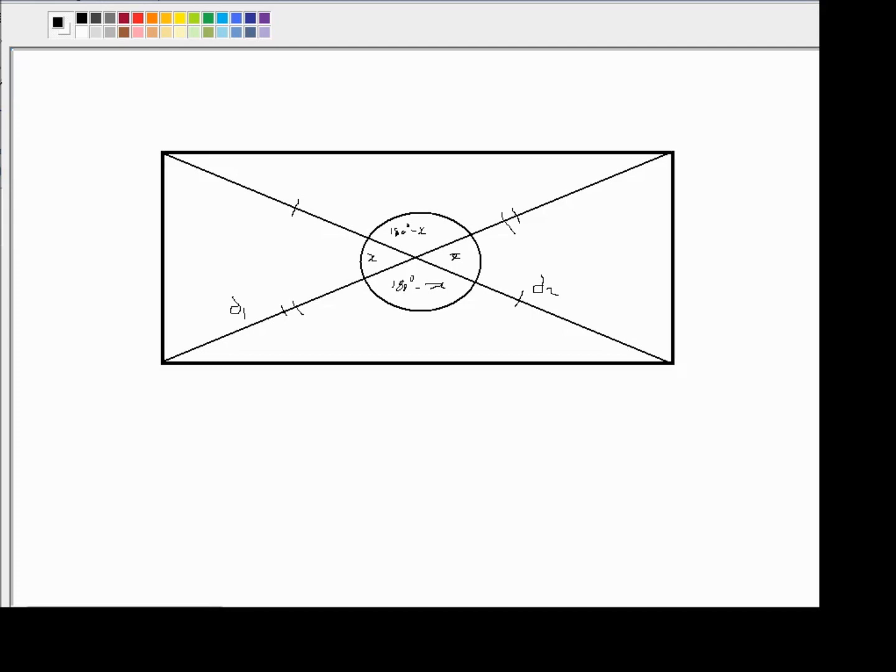Okay, so let's pick a triangle. I'm going to pick this one, and we're going to try and find the area of this triangle.